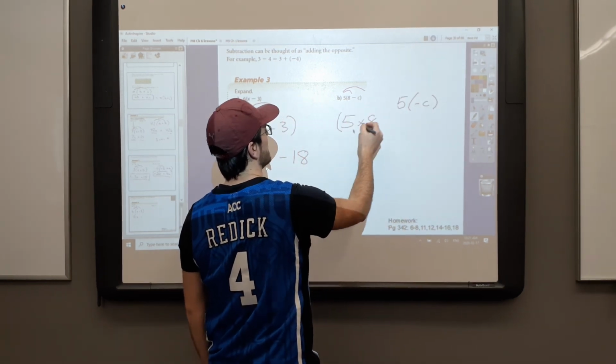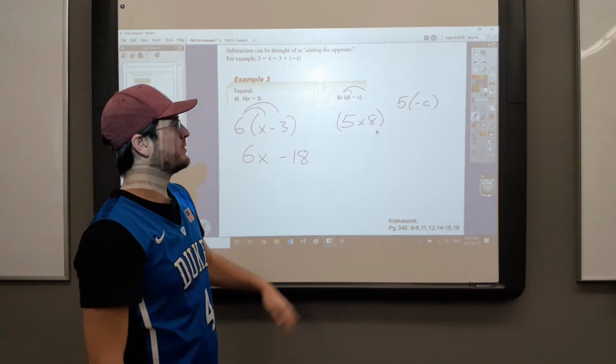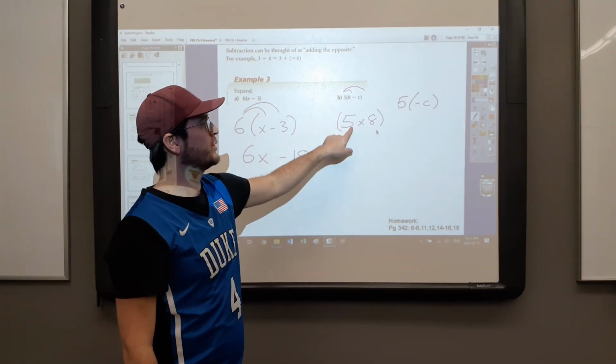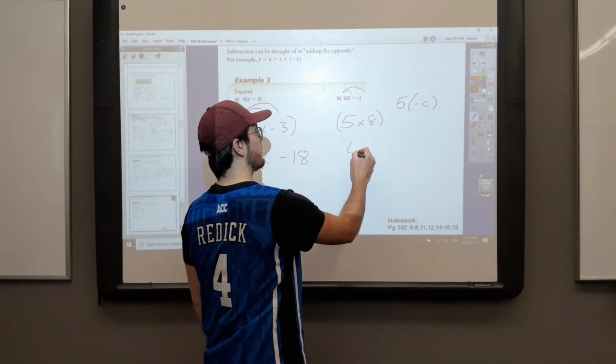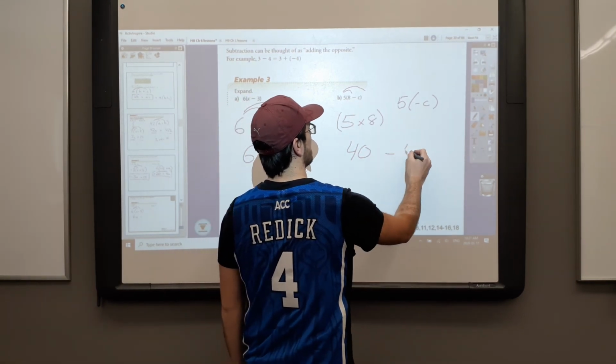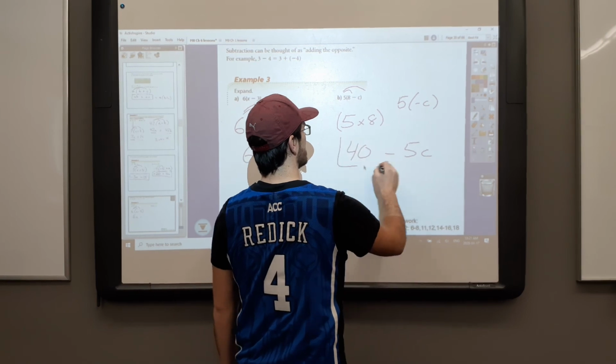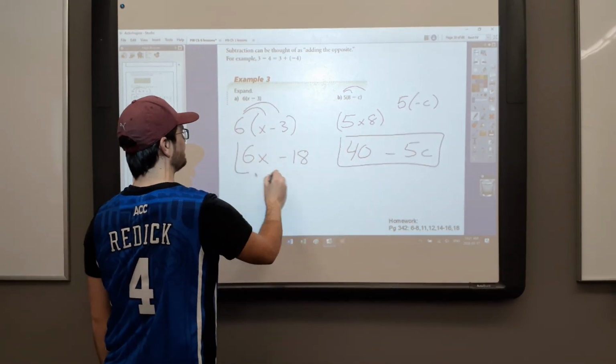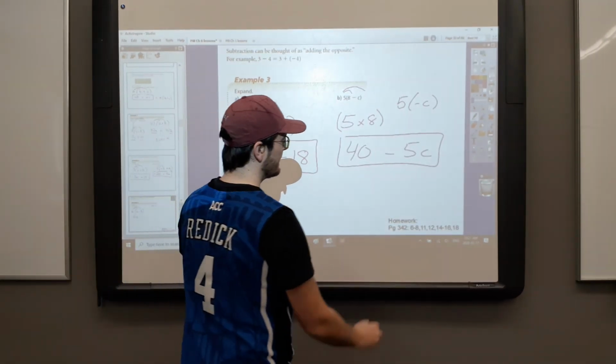If you want, you can even do that extra step of saying what you're multiplying and then putting it in. So 5 times 8 is 40, and then a subtraction, 5 times c is 5c, so minus 5c. So there's your answer.